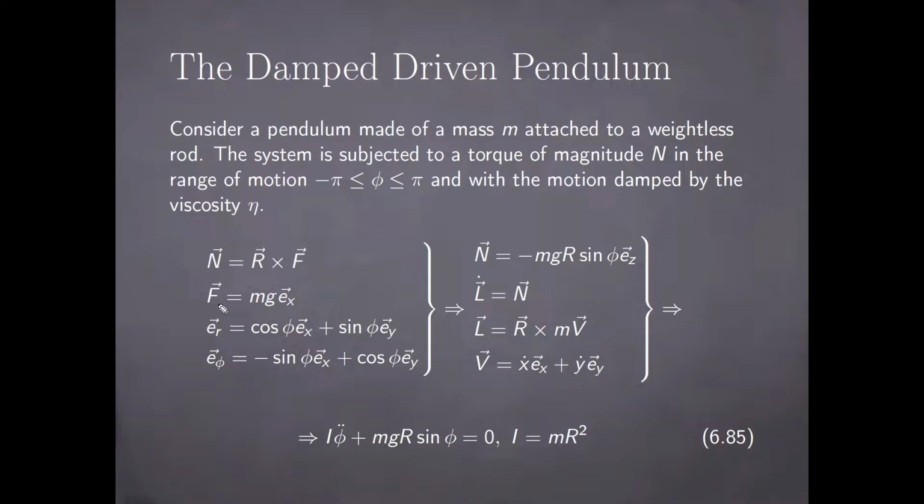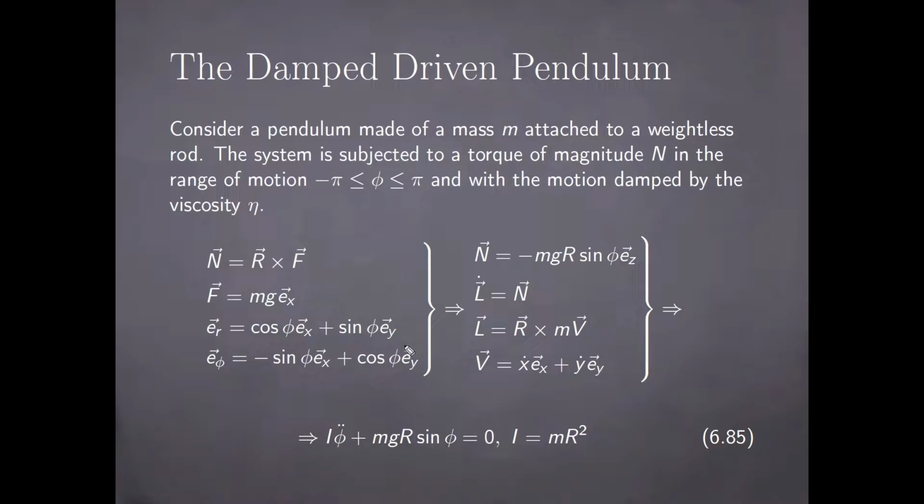So we've written the force, and now we want to write the radial versor and the versor of the angle phi in terms of the x and y coordinates, and the expressions should be the ones here.